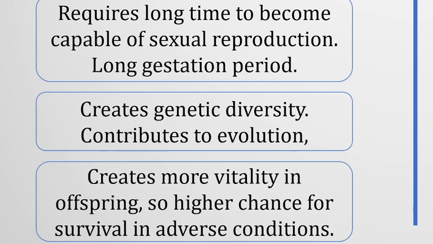So in case of adverse conditions, there is a higher chance of survival of this species, because if adverse conditions come, there is a possibility that most of the organisms will die, but the organisms having different characteristics will get some advantage and they can survive.